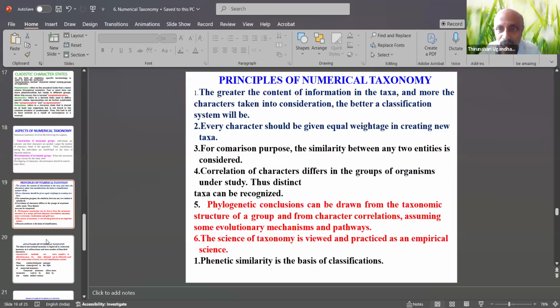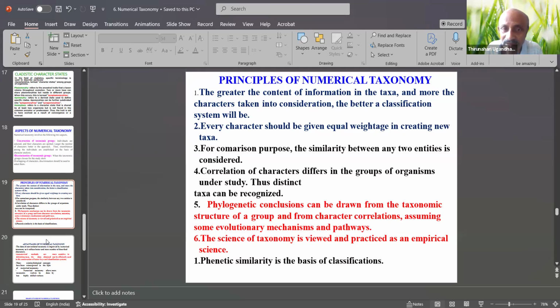The principles of numerical taxonomy. The greater the content of information of taxa, and the more characters taken into consideration, the better the classification. The more character features are taken to classify the plants, that is called a better classification at the numerical level.